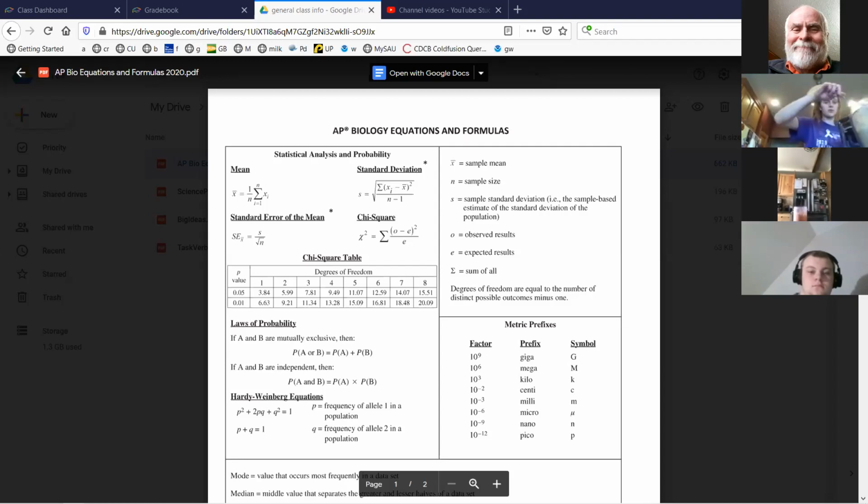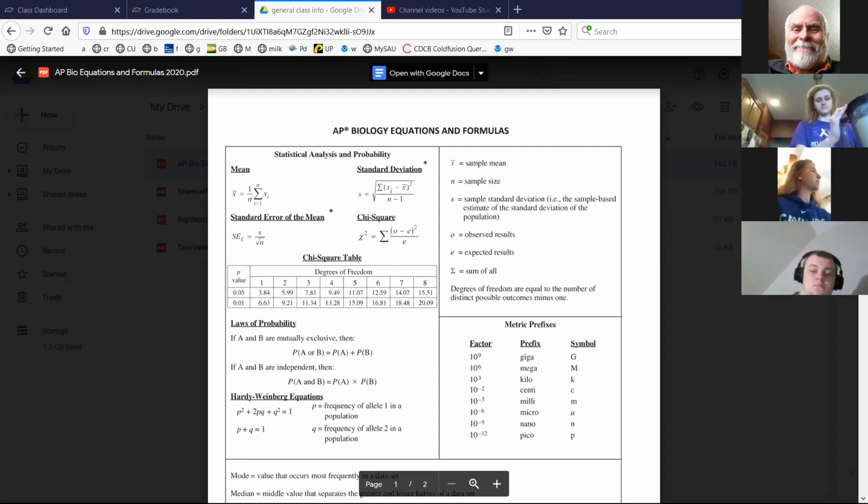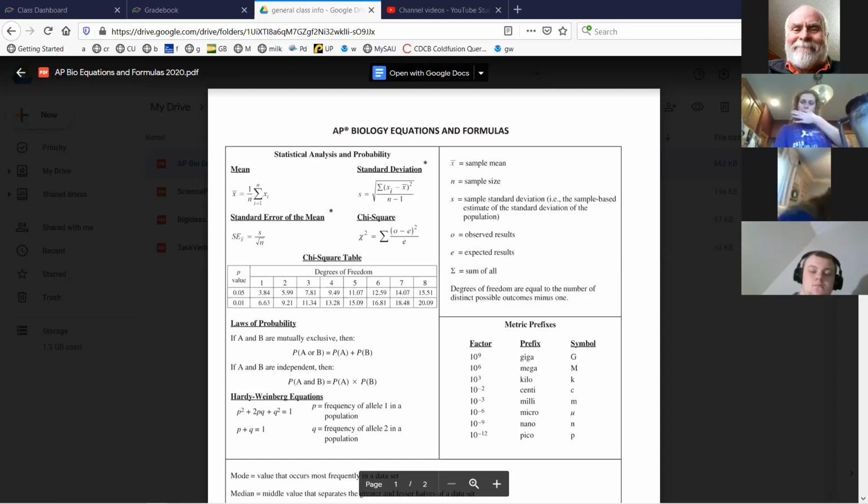So you're not going to have to be able to do standard deviation. You're not going to have to do standard error, but you do need to know what they mean and how they're used, because that's what it says next. However, they must understand the underlying concepts and applications. So we will actually do some really, really simple ones just to give you an idea of what they're supposed to do.